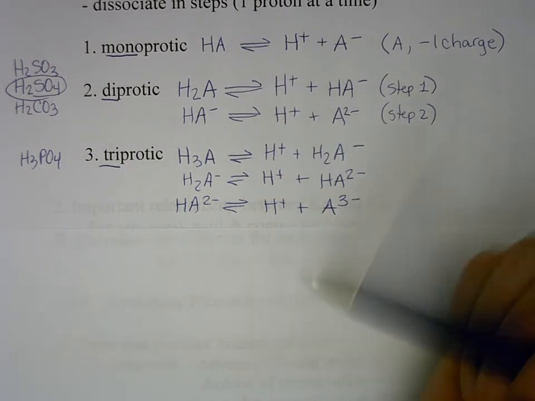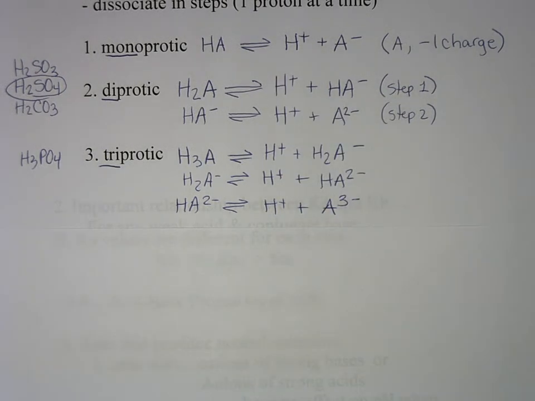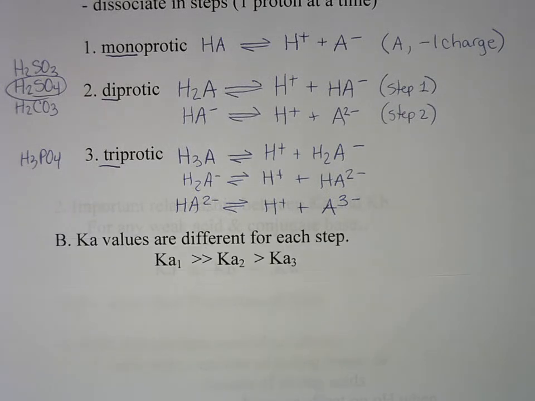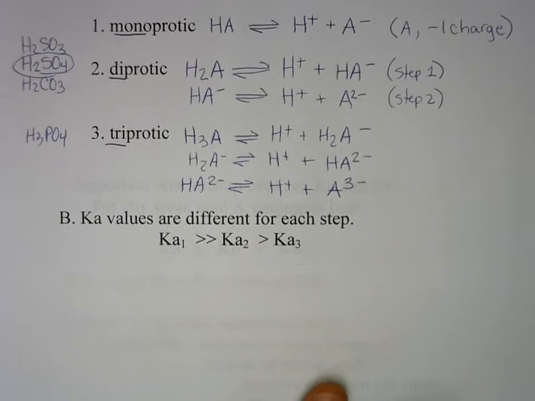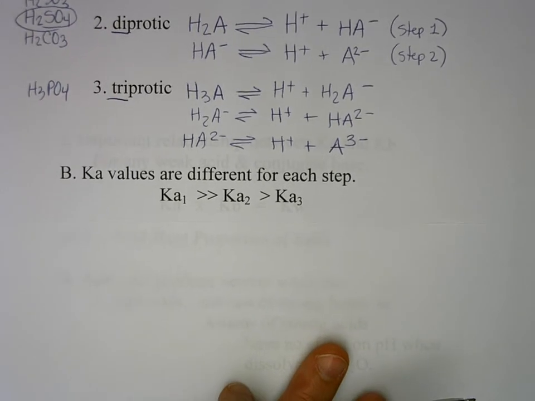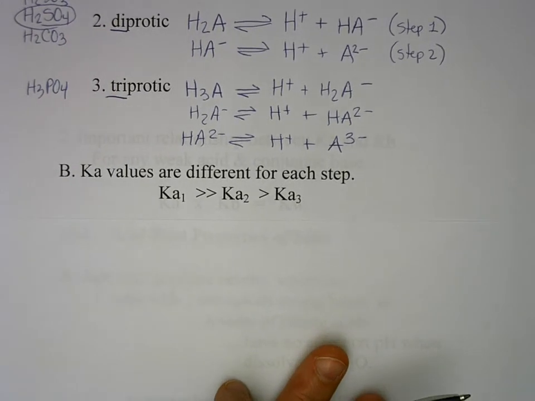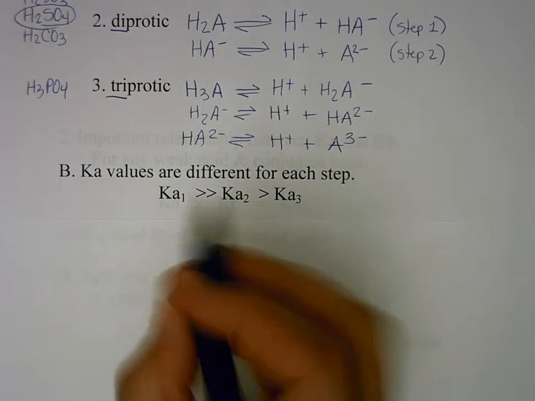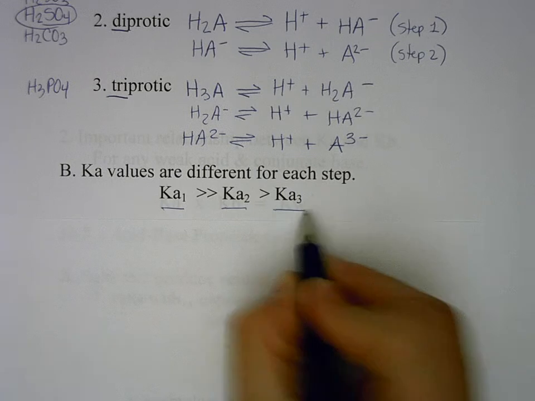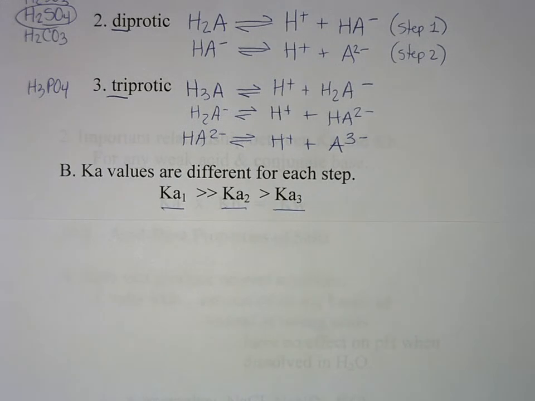And yes, this is for either strong or weak. If it's strong, then it'll fully dissociate, and if not, then just a small amount. The only other thing you need to know about these polyprotic acids is that if it dissociates in multiple steps, there are Ka values for each step separately.